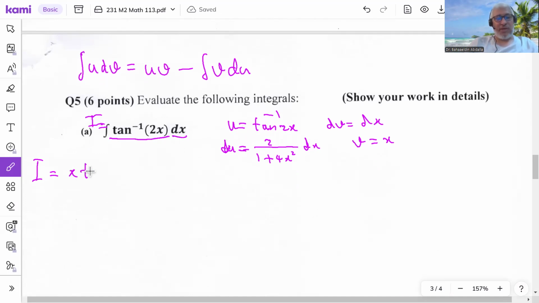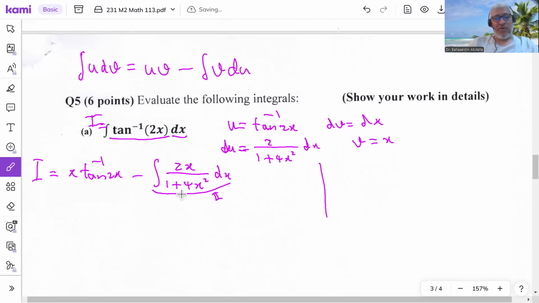So x times tan inverse 2x minus integral v du. So multiply v times du. So I'll have 2x over 1 plus 4x squared dx. And let me call this integral double I and try to solve it here.